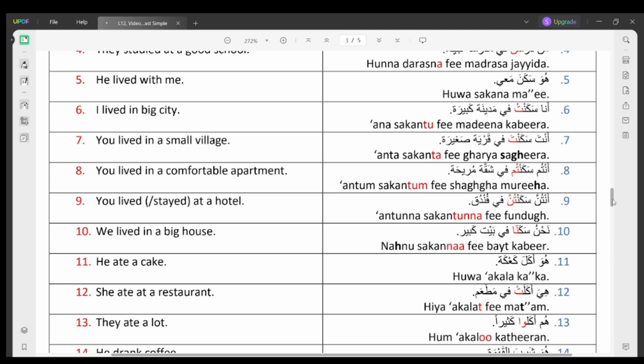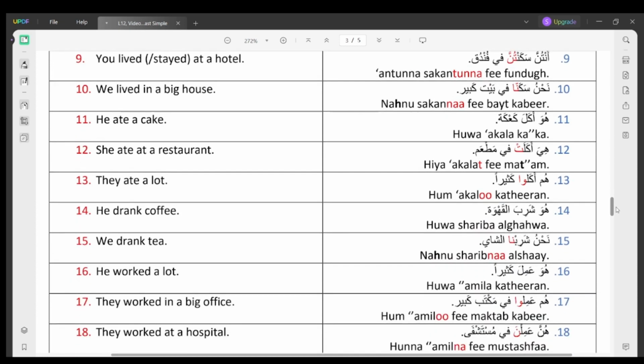Number 8, you lived in a comfortable apartment. أنتم سكنتم في شقة مريحة. Number 9, you lived or stayed at a hotel. أنتن سكنتن في فندق. Number 10, we lived in a big house. نحن سكننا في بيت كبير.